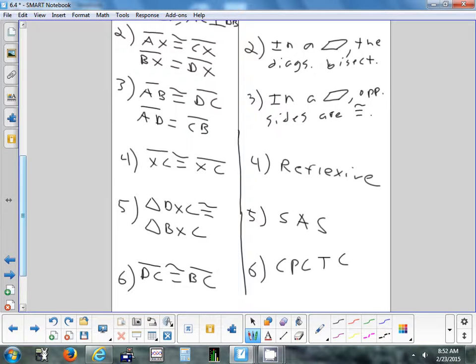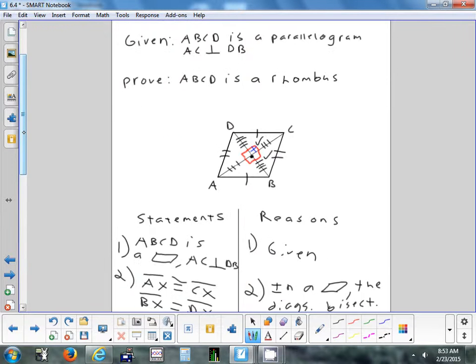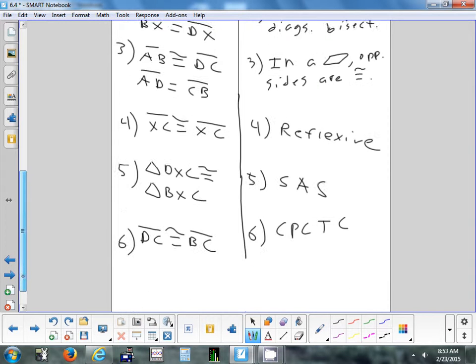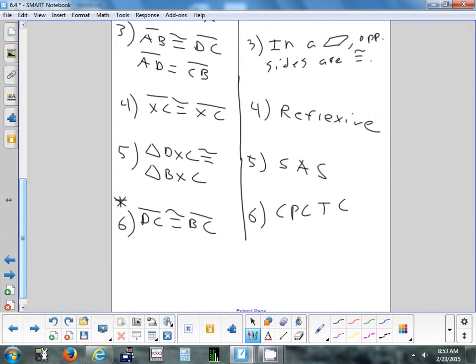Okay. So remember, our goal is to show that DC is the same as BC, which is the same as AB, which is the same as AD. So I'm going to put a star there because that one's important.